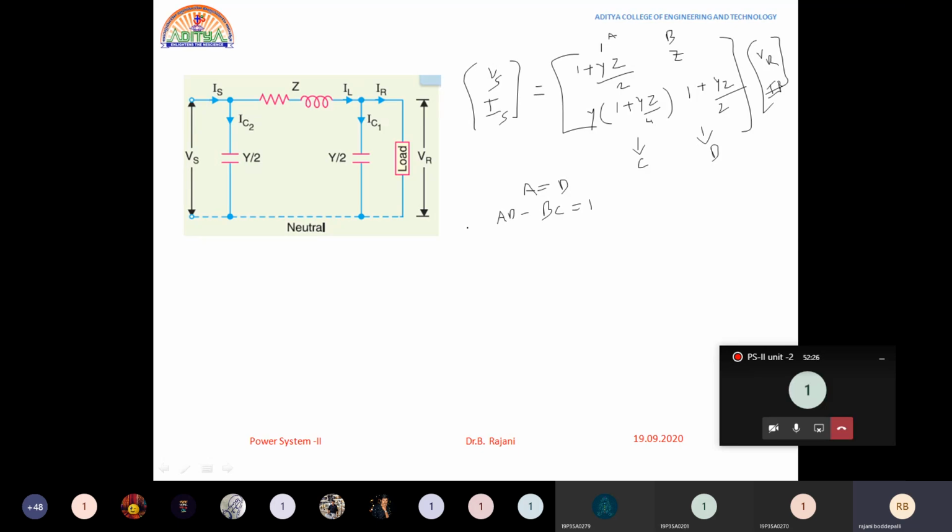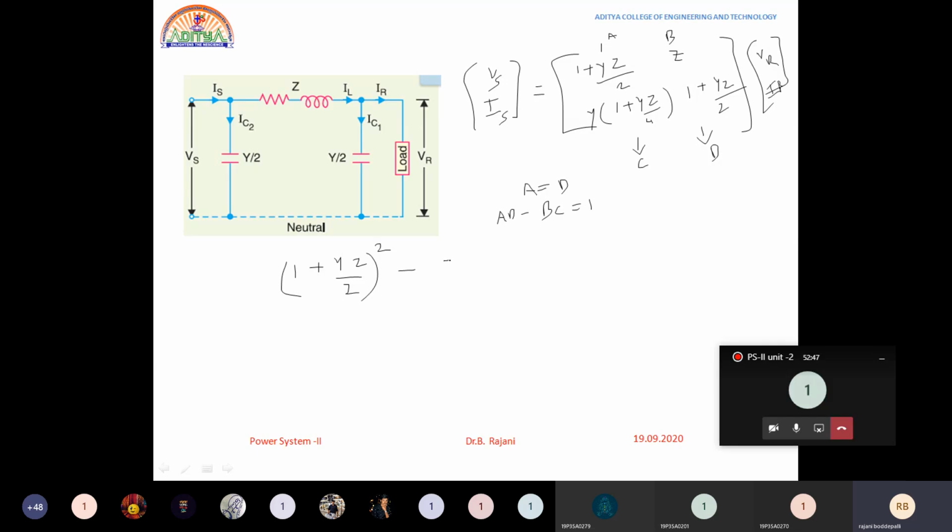Now AD is what? This is A, this is D: 1 plus YZ by 2, whole square, since A and D have the same values.